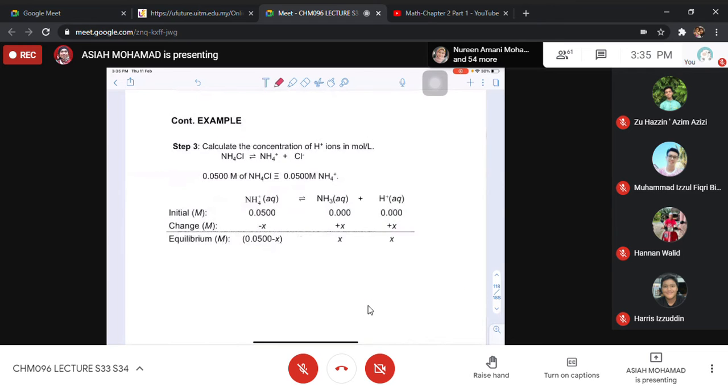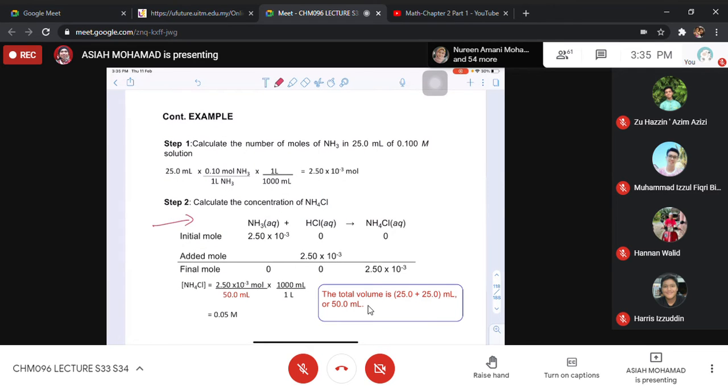When you construct the mole table, you know that this is the initial amount of ammonia. You have to add the same amount of HCl and the same amount of NH4Cl will be produced. But this is in number of mole. To get the molarity, you must divide by total volume. Total volume in this case is 25 plus 25 because you use 25 milliliter ammonia and 25 milliliter HCl.